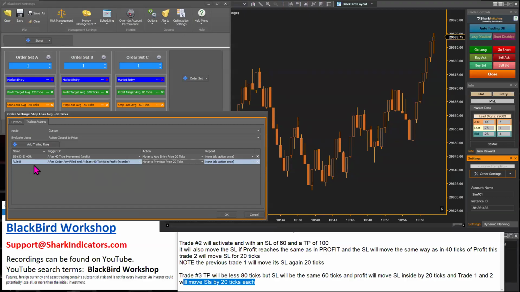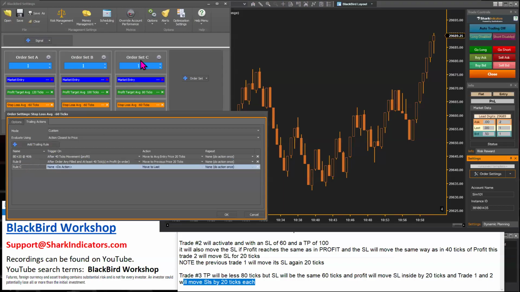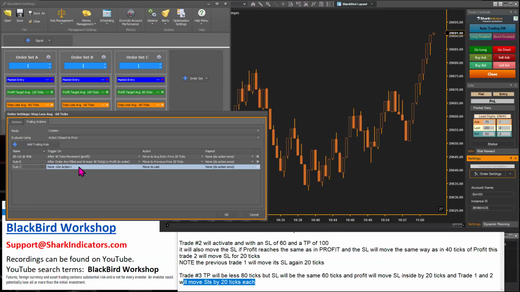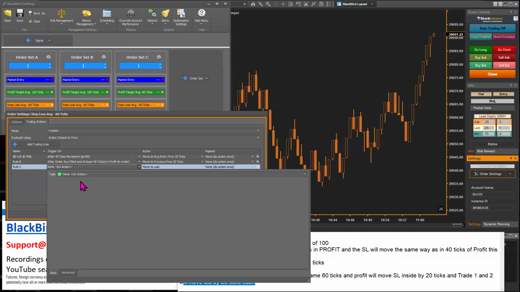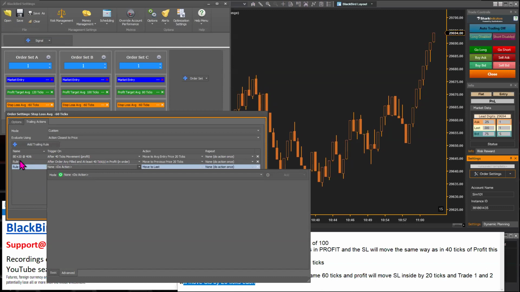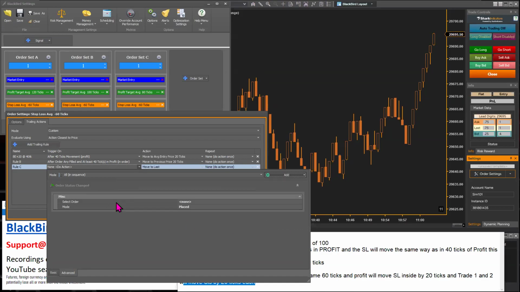All right, one more. So rule C is for when the stop loss for order set C gets triggered there. For C, we're going to build essentially the same set of triggers that we did for rule B. So let's set this to in sequence. Let's add the order status changed.